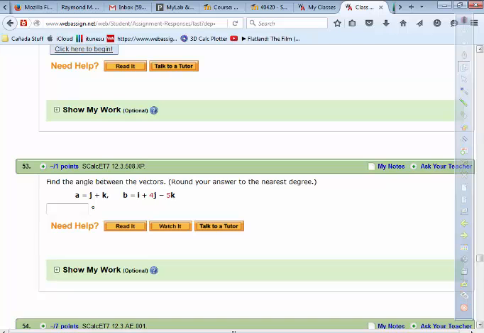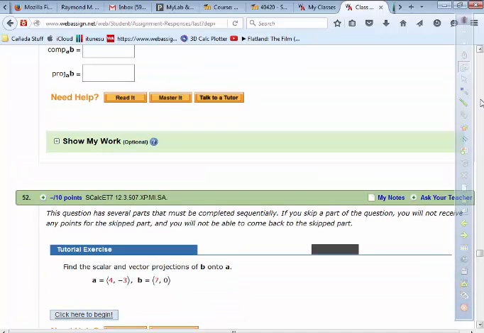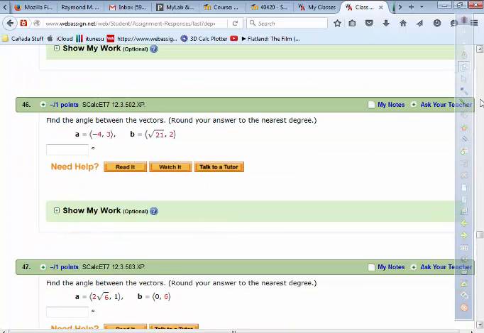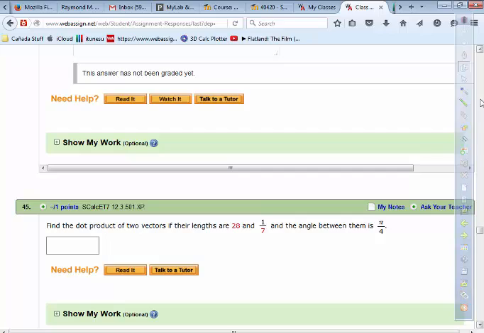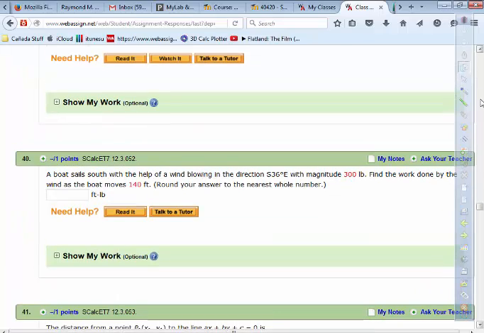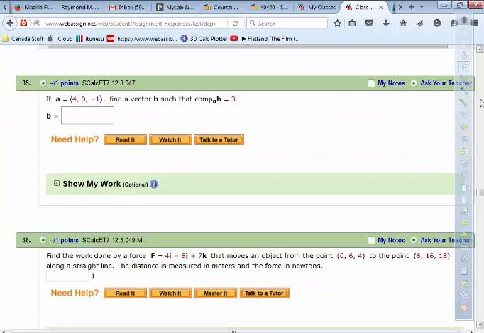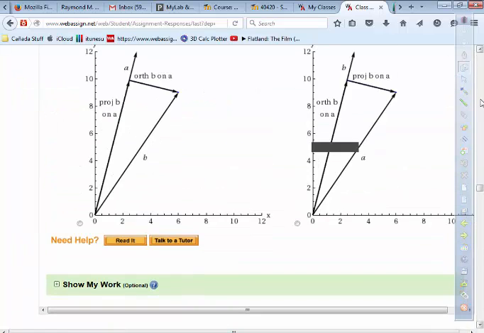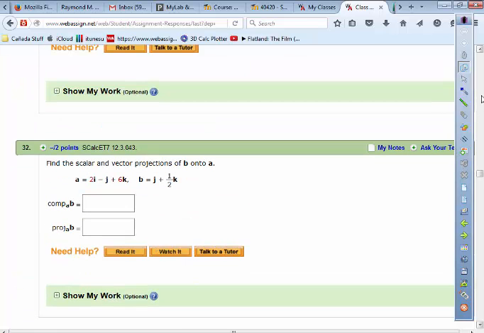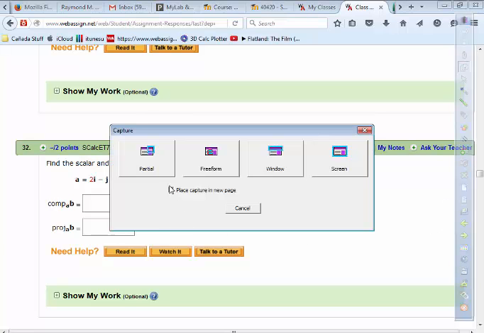Let's see if we have some examples here. There you go. Find the scalar and vector projections. Let's try this problem.